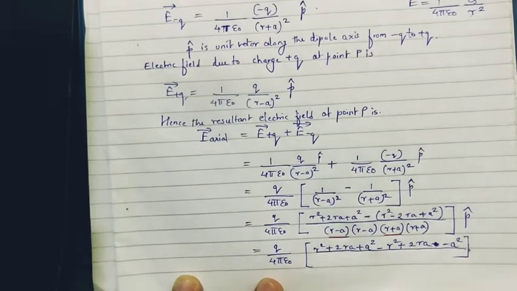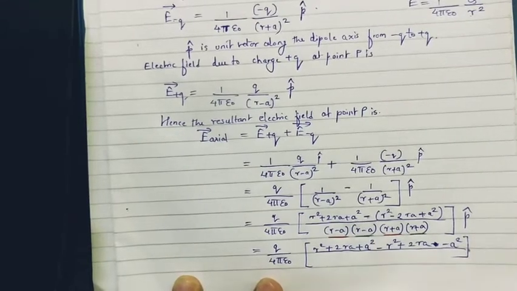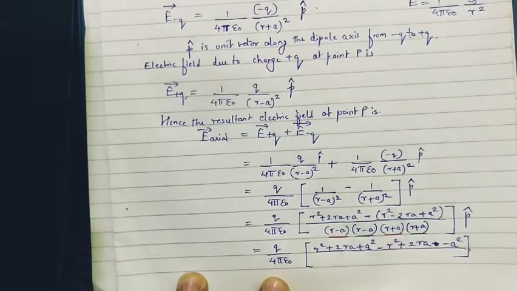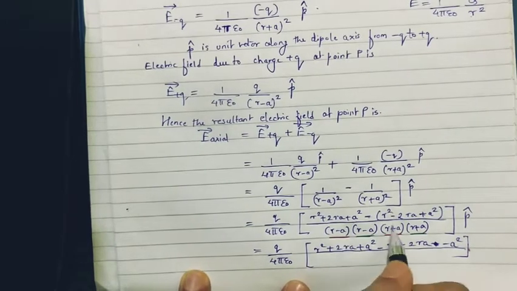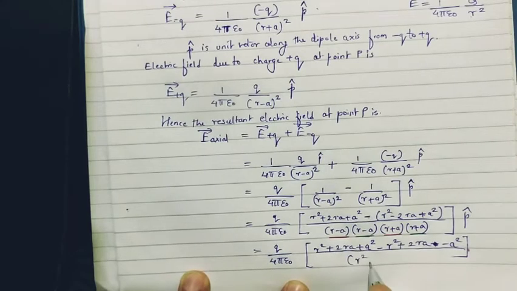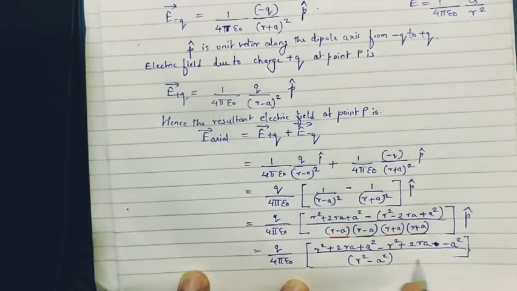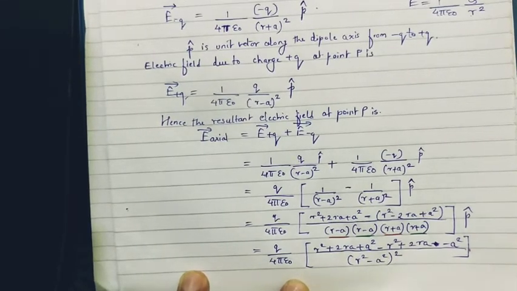Similarly, here you can write this as (a plus b)(a minus b). So you can write it as a square minus b square. Correct? So (a plus b)(a minus b) will become a square minus b square, that is r square minus a square. Again (a plus b)(a minus b) will become r square minus a square. So twice, so 2 times, right? So I can write this as square like this.